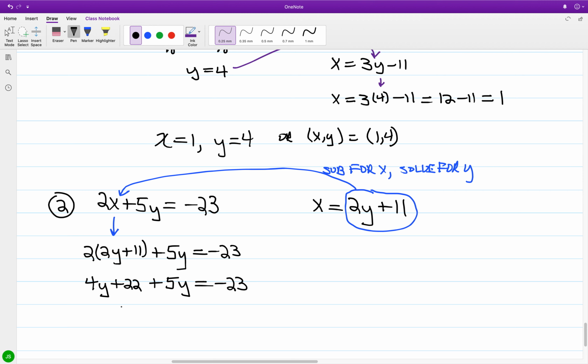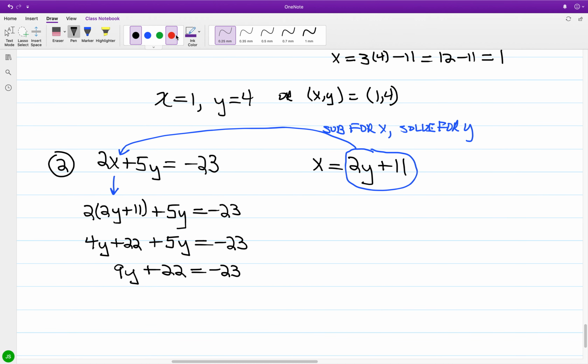And 4y plus 5y becomes 9y plus 22 is equal to negative 23. Isolating y, upon taking 22 away from both sides, we have 9y is equal to negative 45, and with division by 9, negative 45 becomes negative 5.